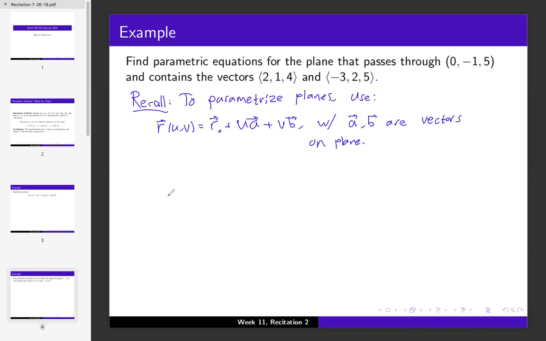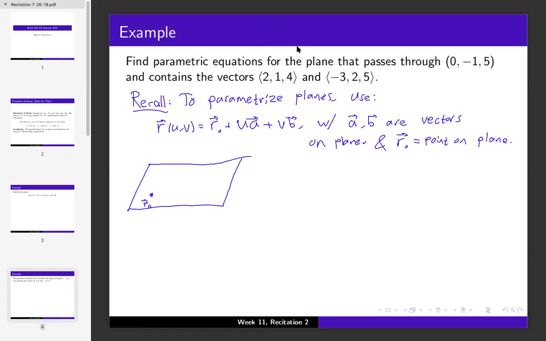And why does this work? The reason this works is, let's say that you've got your plane. Here's your plane, and let's say that this is your point. Oh, and I forgot to point this out: R naught is a point on the plane. Suppose here's your point R naught, and let's say that this plane contains two different vectors.